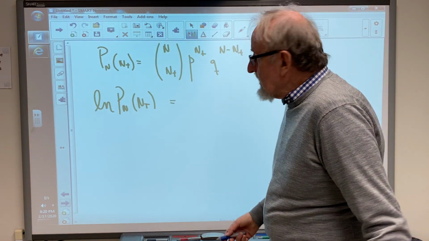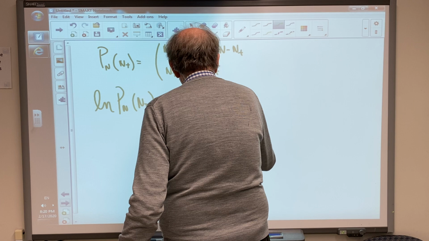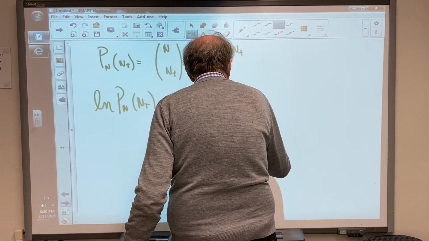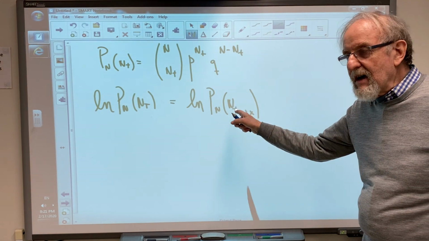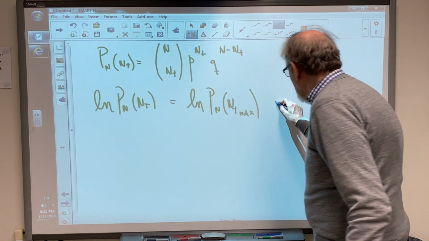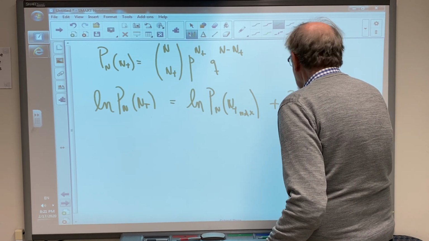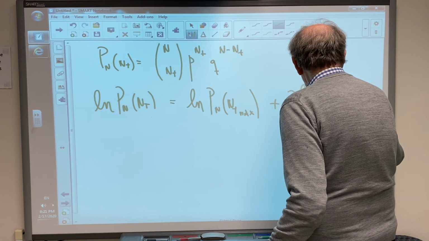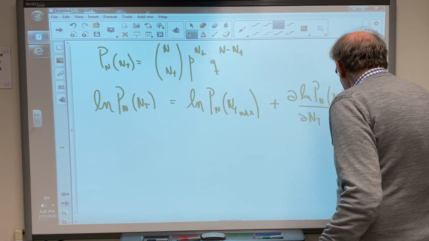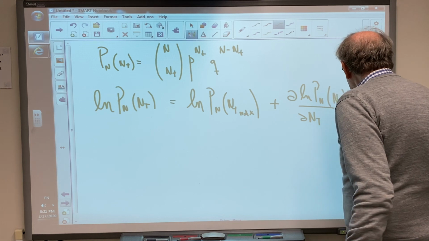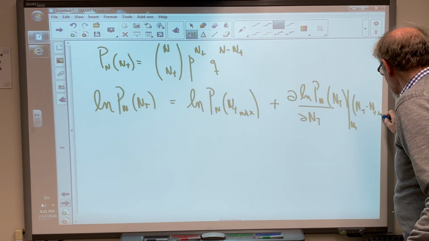So, what will be the expansion of these things? Well, like any expansion, it will be the logarithm of the function calculated at the maximum. That's the first step. You calculate the function at the maximum, plus the derivative of the function with respect to n plus, calculated at the maximum, times n plus minus n plus maximum.